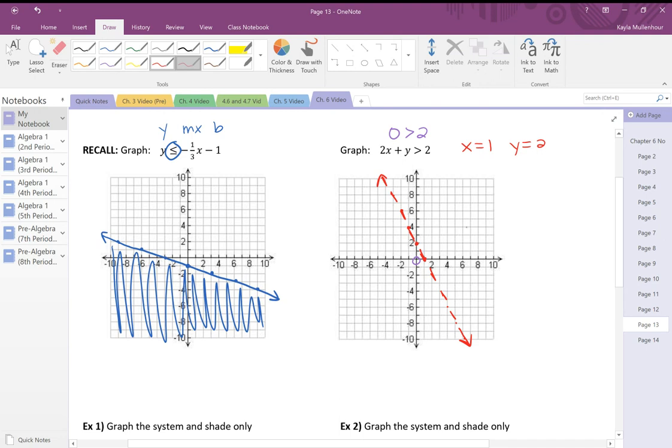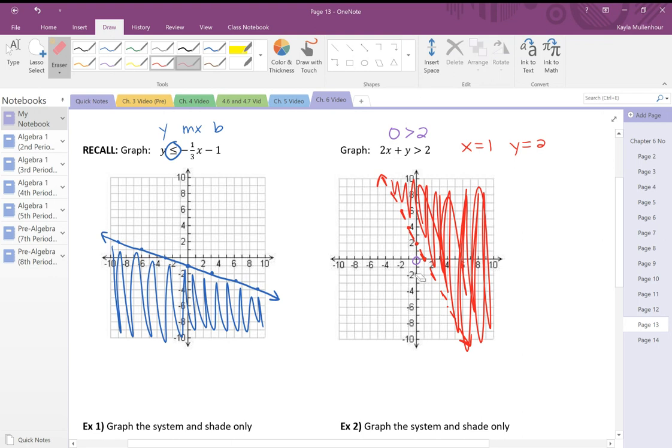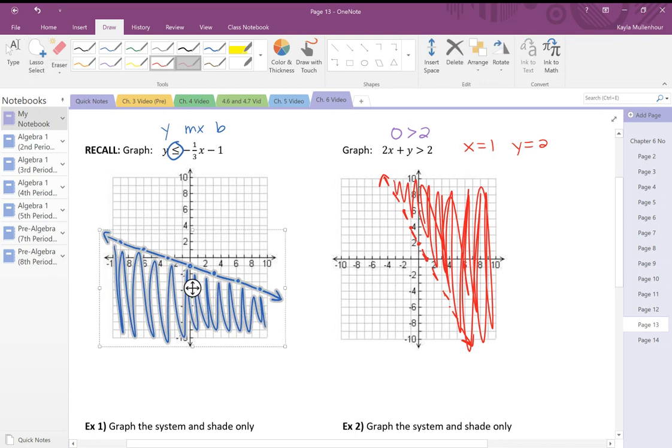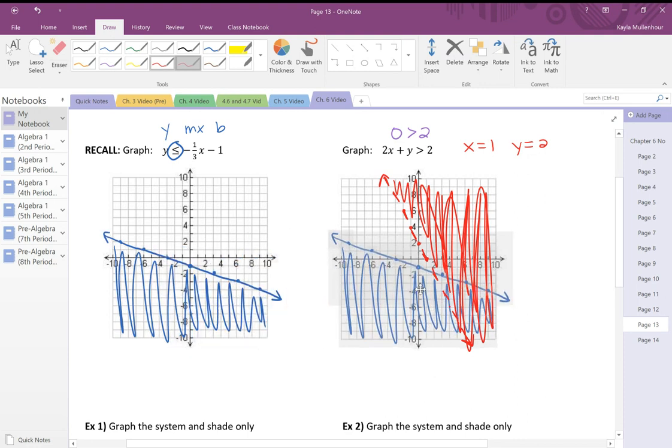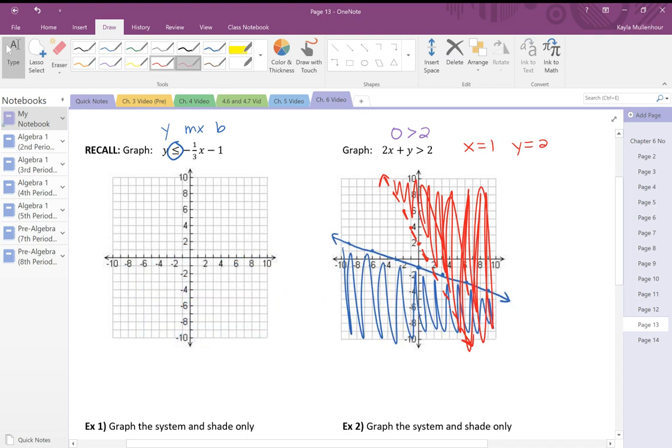We would shade above. Okay, so now these are our two separate inequalities, but if we were to graph them together, I'm just going to drag this one over and put it on top of the other.